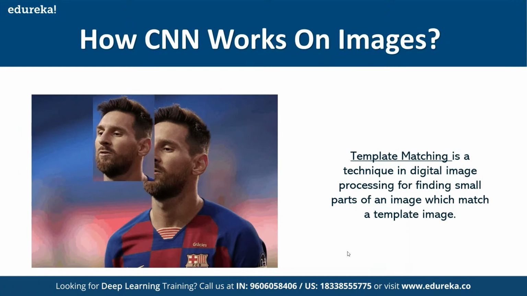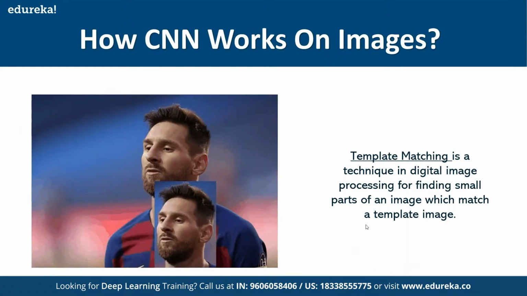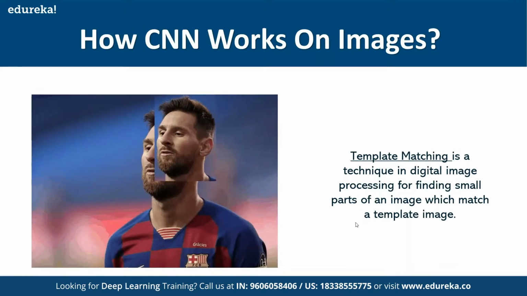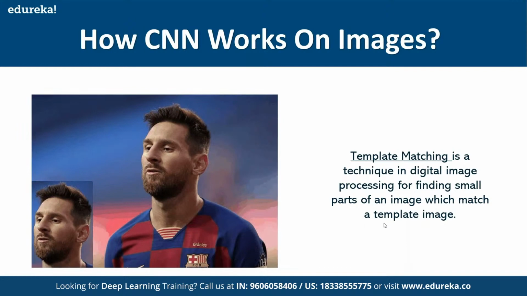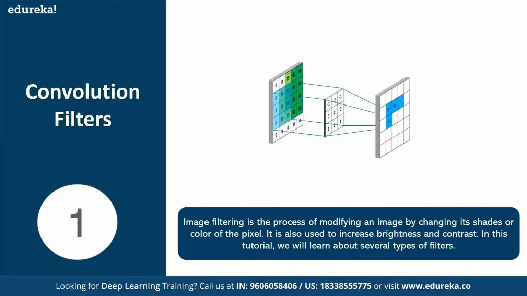Now, as I mentioned already, whenever I'm performing this convolution operation, I'm going to modify the pixel intensities in a given image. In a CNN, we call these convolution filters. Just like we have the filter in our mobile phone, in the same way we are going to apply the filter on a given image.